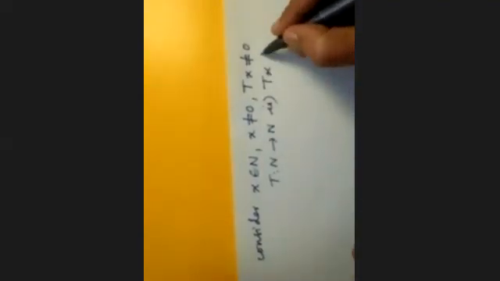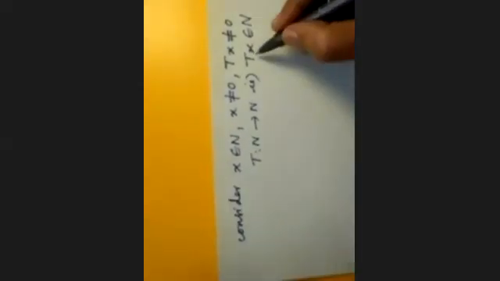I'll take any element x belonging to N, x is not 0, so Tx is not 0, and T is actually an operator from N to N only, no? That is, Tx also belongs to N, and Tx is non-zero.